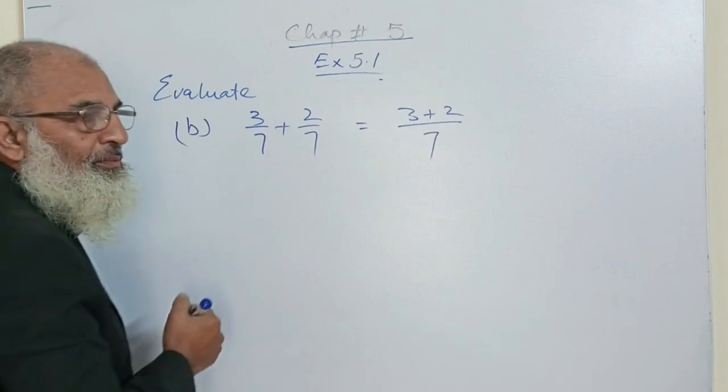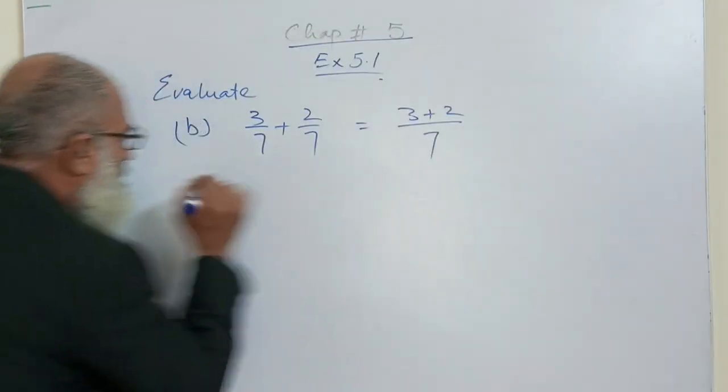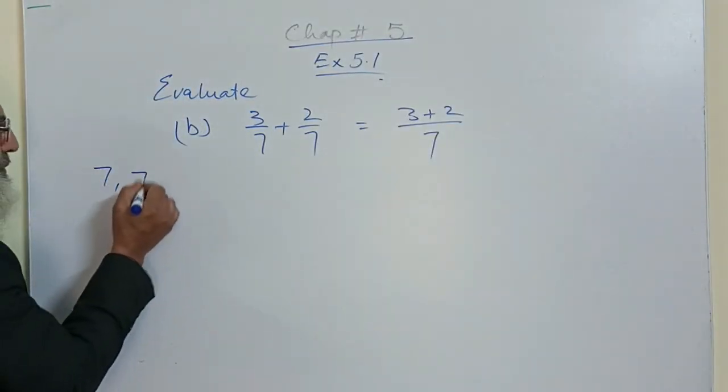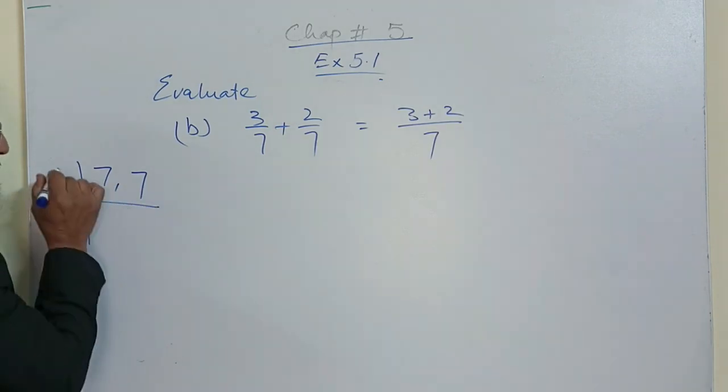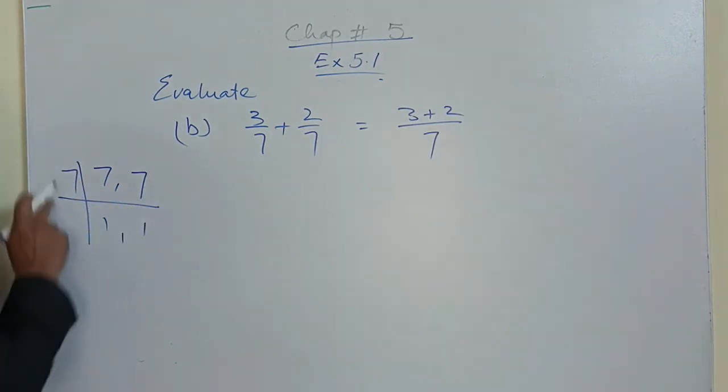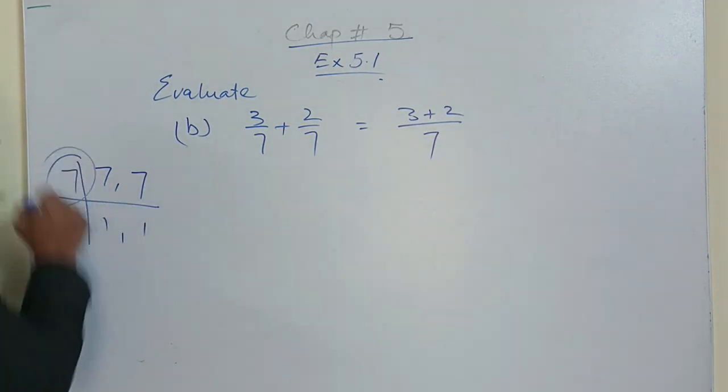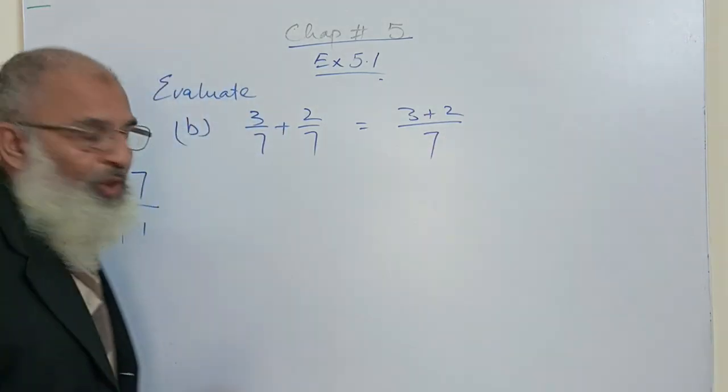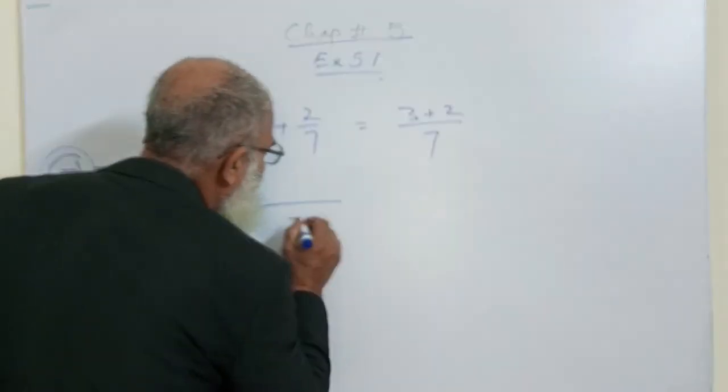Now let me go to its details. Okay, now we have to find the LCM. 7 is the LCM. Now this is the detail.